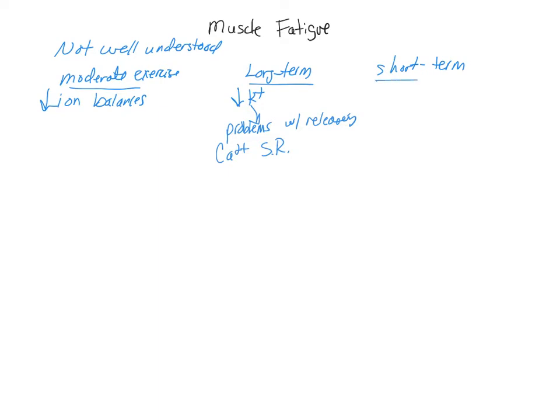And then with short-term exercise, it seems to be the accumulation of phosphates. And so they're gonna accumulate and they basically interfere with the sarcoplasmic reticulum's ability to release calcium, all right? So slightly different things, although all kind of related, all right?